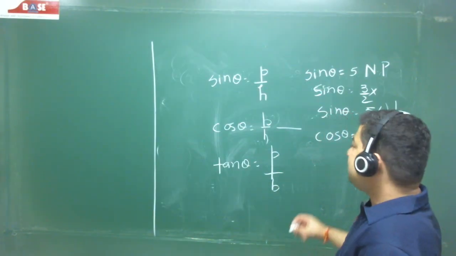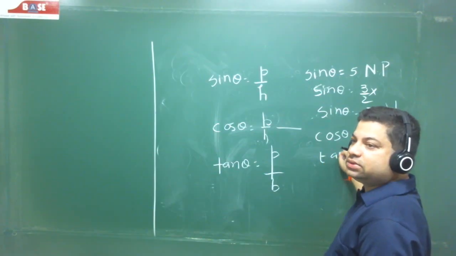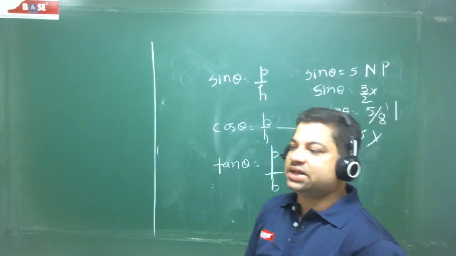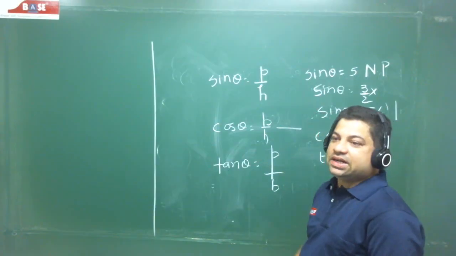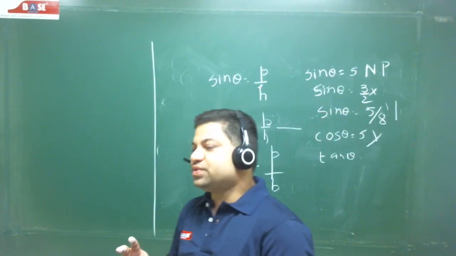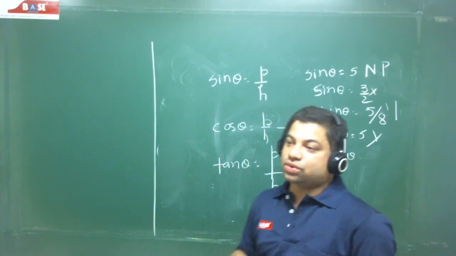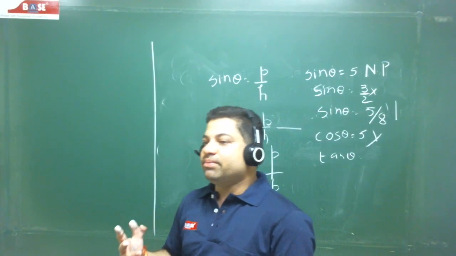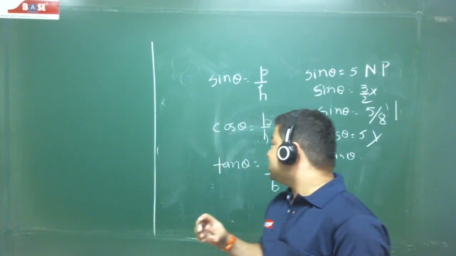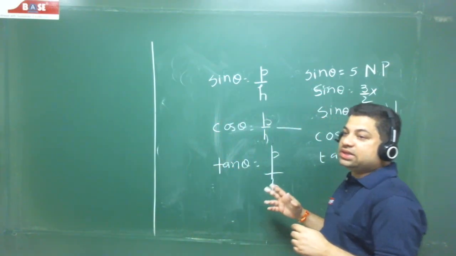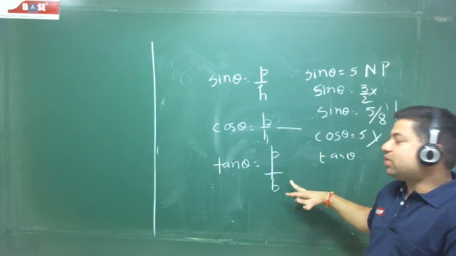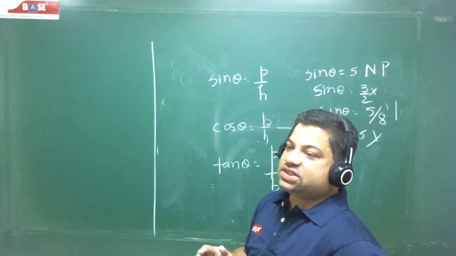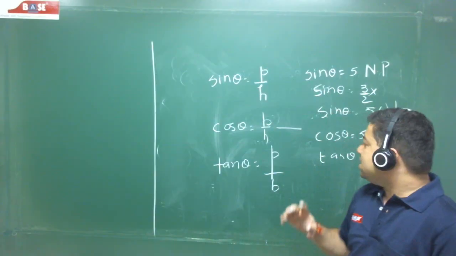Tan theta, see, sometimes P will be greater, sometimes B will be greater. That depends on situation to situation. So that's why tan theta may be greater than 1, tan theta may be less than 1. That depends upon what is P, what is B. I hope this part is clear for everyone understanding wise.